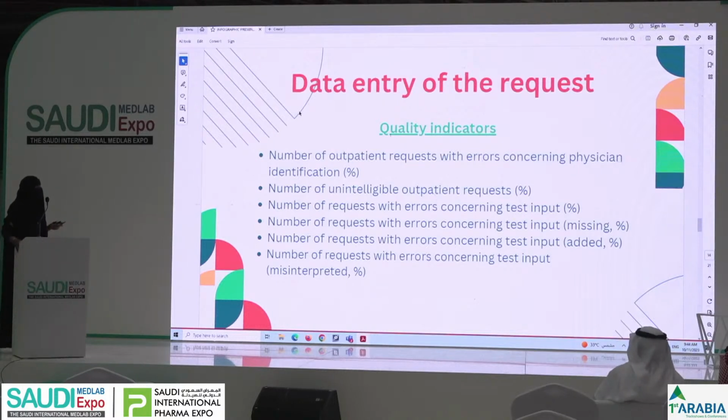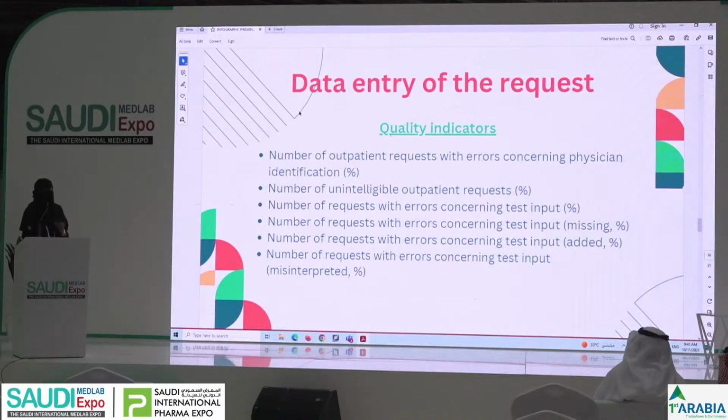Also, we look for the number of requests with errors concerning the test input. Sometimes it is not only the time. For example, the physician asks for only one test, and we add more than one test as the opinion of the specialist, and sometimes it is because the request is not clear, maybe because of the handwriting. For example, there is a panel of tests that should be requested together to diagnose some diseases, and the doctor asked for only one test.